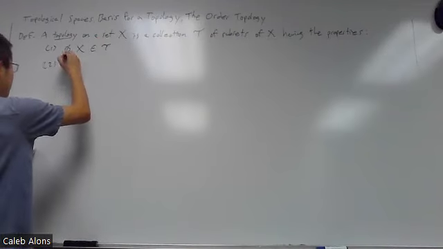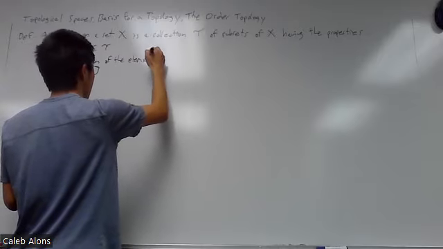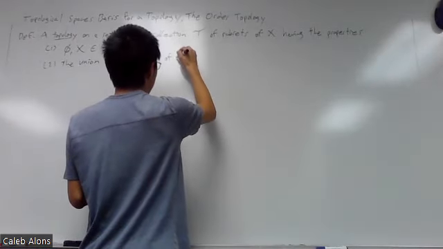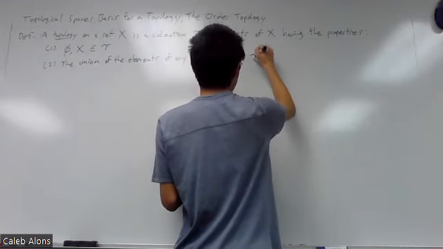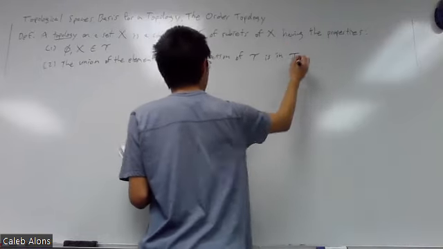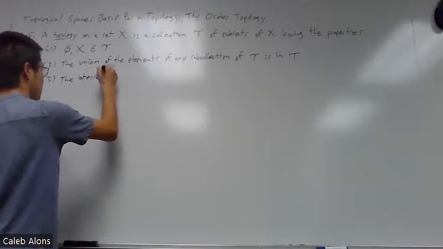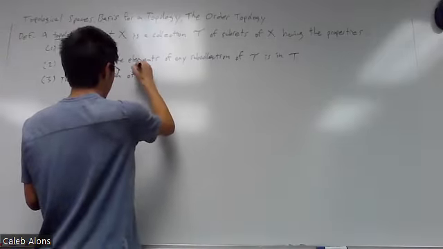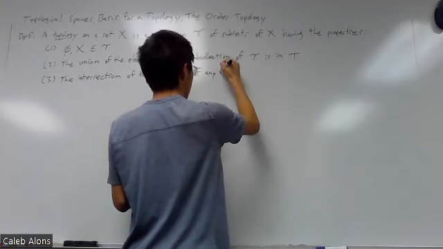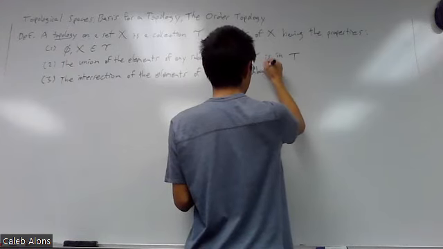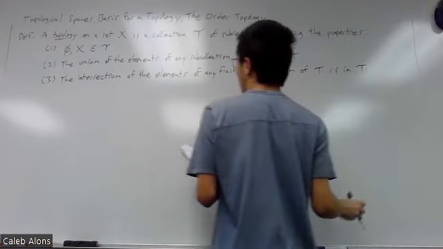We need to have the union of the elements of any subcollection of T is in T. And the intersection of the elements of any finite subcollection of T is in T. So a topology is a collection of subsets.